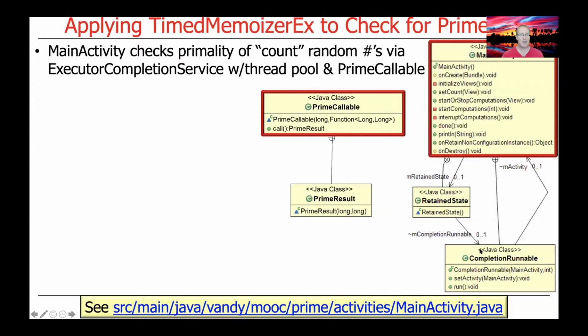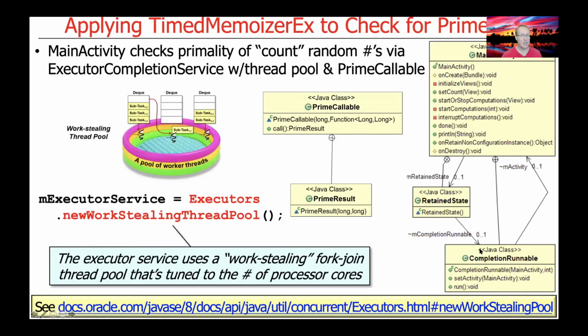As always, we have a main activity that is used to compute the primality of n random numbers. And this particular implementation is going to be the one using the executor completion service with a thread pool and a prime callable class. Just to do something a little different here, because we've been looking at the same example over and over again, we're going to use a work stealing thread pool, basically a fork join pool.